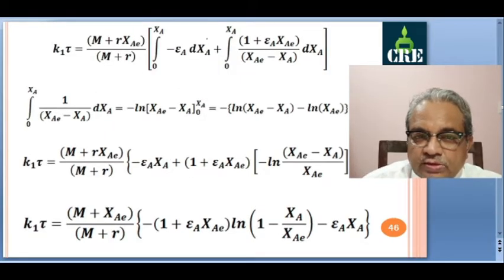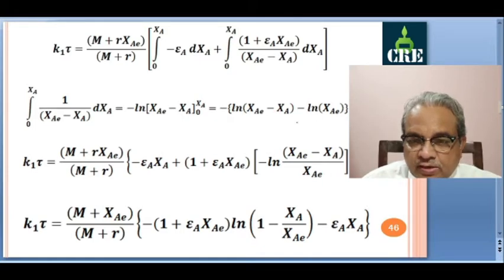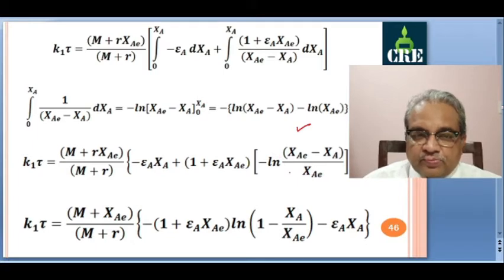So our integral is dxa by xae minus xa. If I take the integral of this, minus ln of xae minus xa from 0 to xa, so minus of ln of xae minus xa minus ln of xae, if I substitute 0. So this is minus ln of xae. If I retain this minus sign, I can transfer this to the denominator: minus sign is outside, minus ln of (xae minus xa) by xae.